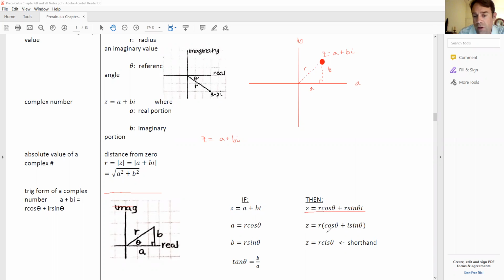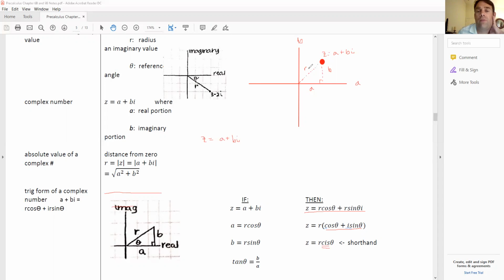Now if we factor out the R, we end up with R times cosine theta plus i sine theta, which has a little shorthand called cis, C-I-S. Cis is cosine plus i sine. So when you see this cis, that just stands for cosine plus i sine.